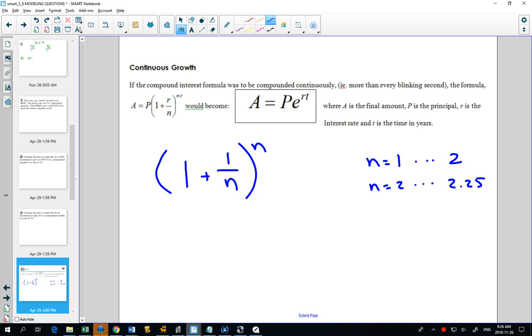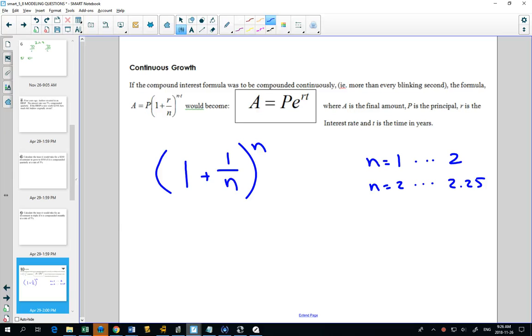Now, if we think about n being a very, very big number, 376 is a very big number, but it's not even that big. There's even bigger numbers than that, right? If you put in 1,403,000,000, what does 1 over 1,403,000,000 equal about? What's it very close to?